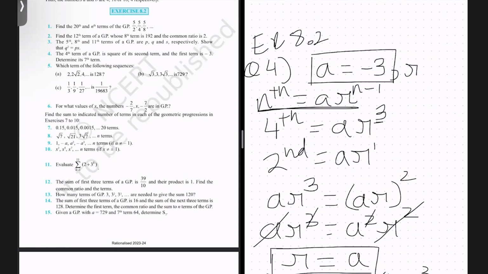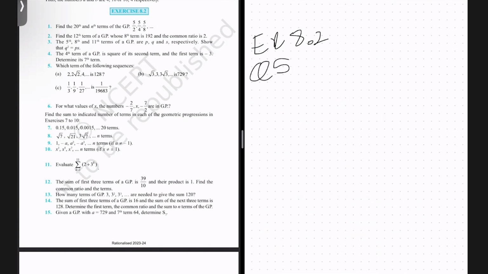Moving on to the fifth question of this particular exercise, in question number 5, we have to determine which term of the following sequences is a given term. We have been given 3 sequences, and in each we have been given a term, and we need to find out what number term that is.